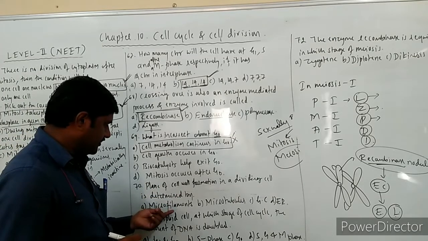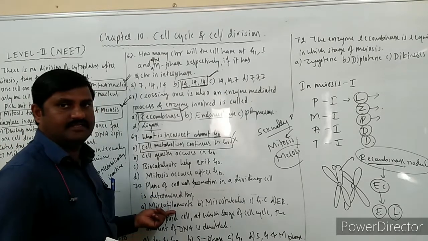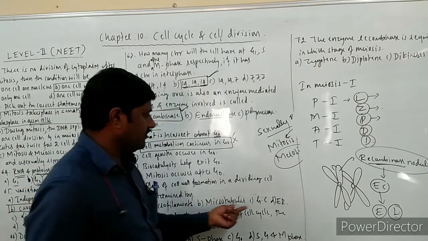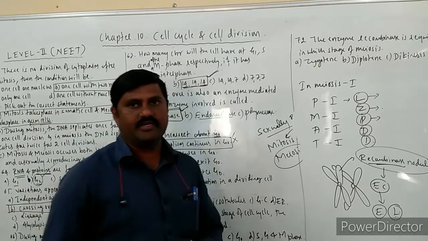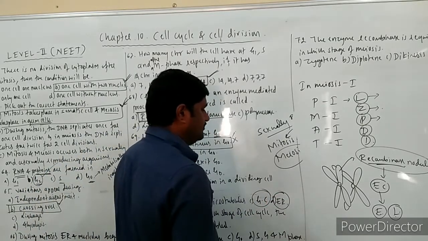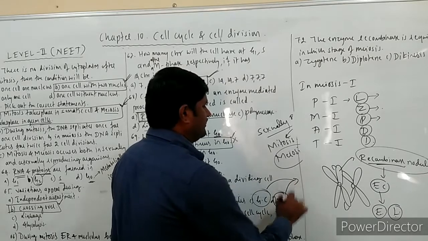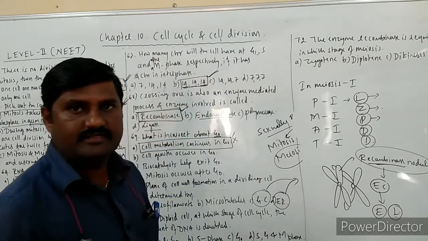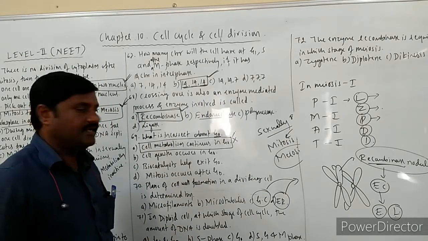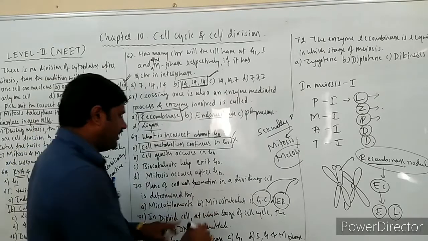Let us see the options. Microfilaments, he says, and microtubules, he says. Golgi complex and endoplasmic reticulum are cell organelles; they do not decide the formation of the cell wall over here. So what decides then?